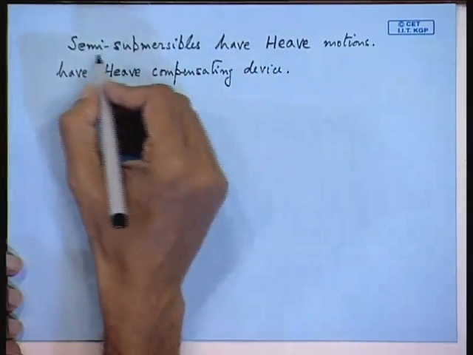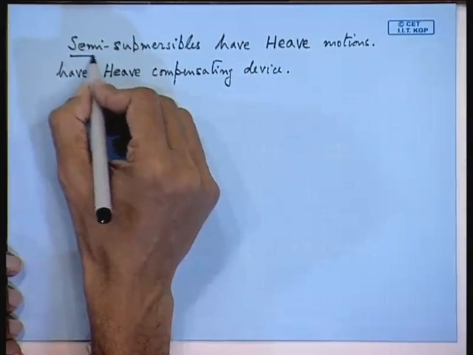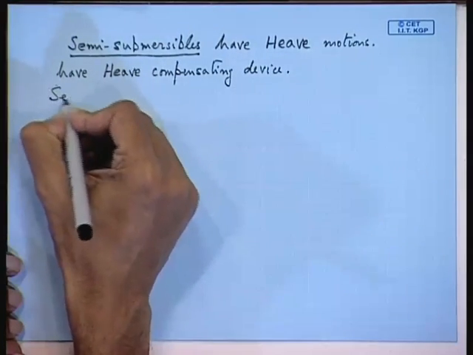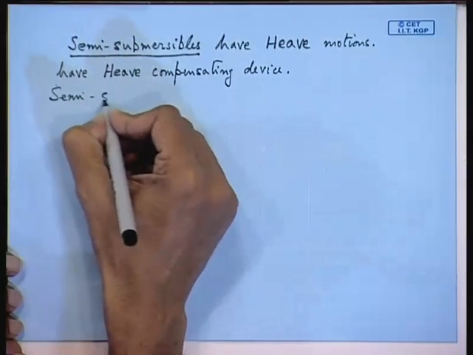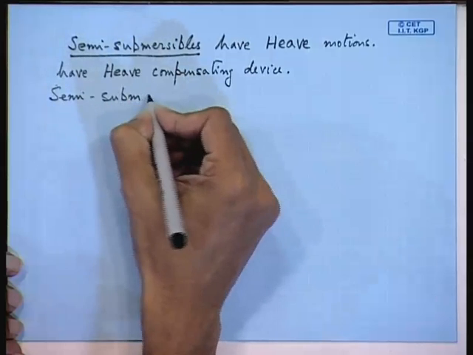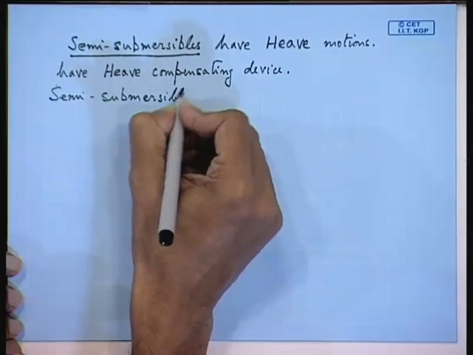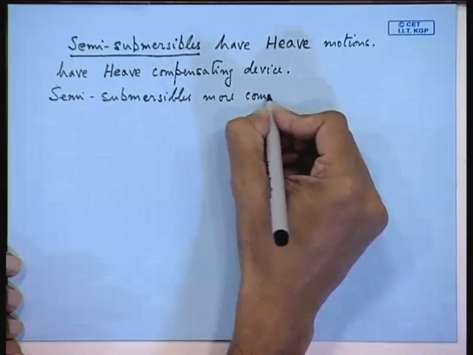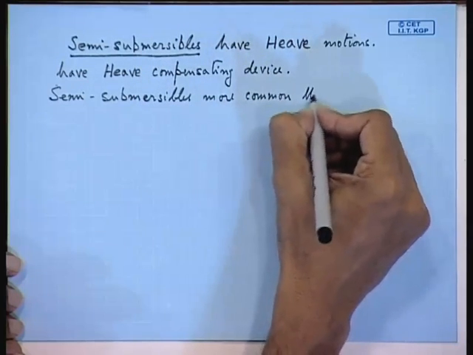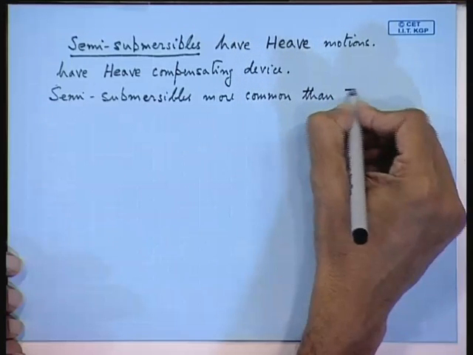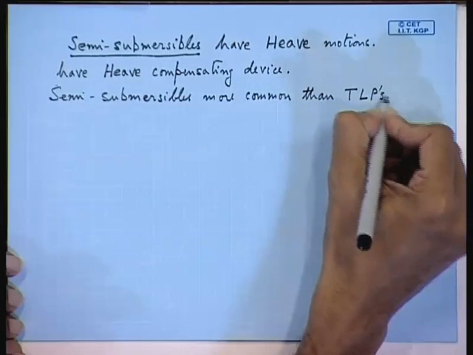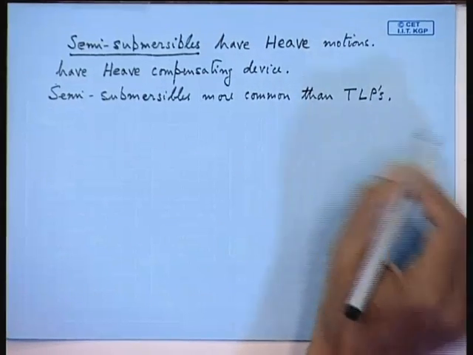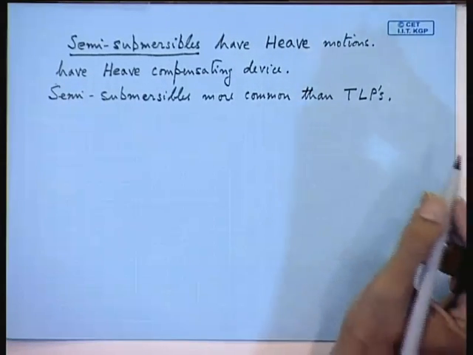Actually, you will find semi-submersibles are more common than TLPs worldwide. More common than TLPs. So, TLPs actually mostly you will find in the North Sea.